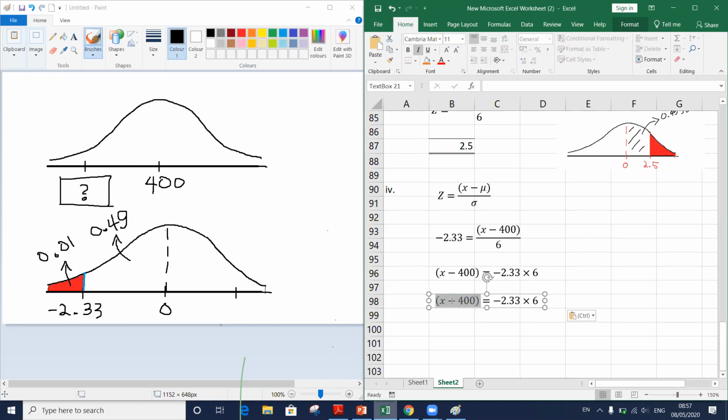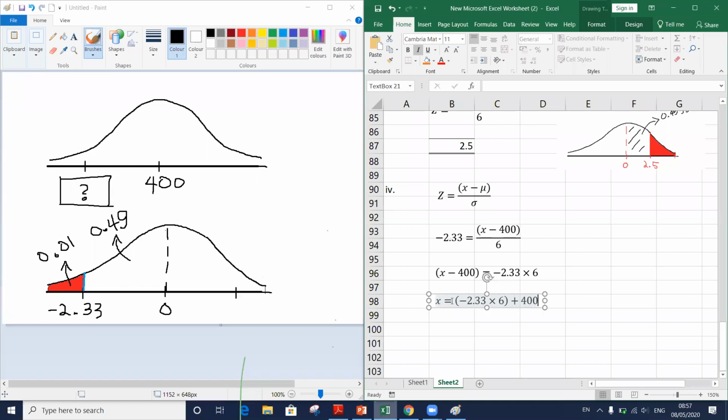So X should be equal to minus 2.33 into 6 plus 400.